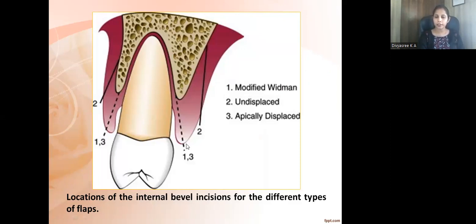This is where we place an internal bevel incision that is 0.5 to 1 mm from the gingival margin towards the crest of bone. This is the area for internal bevel incision in case of modified Widman and apically displaced. Whereas in case of undisplaced flap surgery, internal bevel incision is placed towards the lateral aspect of bone.